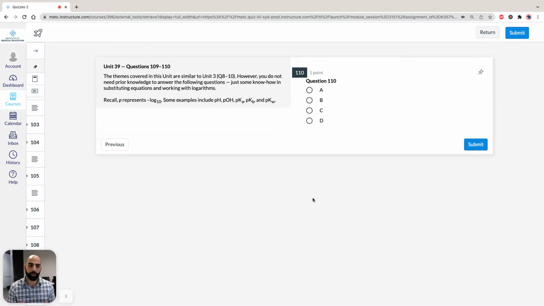I mean, the trick here was just to note that minus log 10 is P. So that's the key. That's where they were tricking students. And if you could substitute the values, and if you did have a background in acid-base chemistry and Henderson-Hasselbalch equations, you could have got the answer. So it just required some deductive reasoning and some follow through.